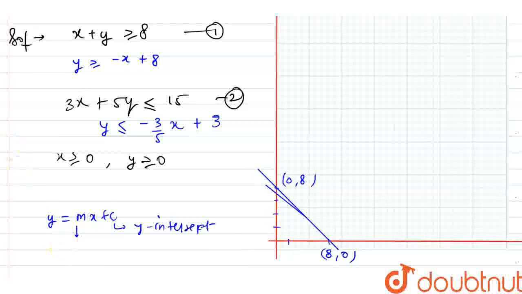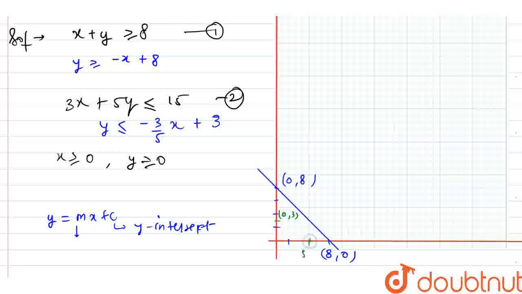Now move to the second line. The second line is this, and my intercept is nothing but 3. I'm going to mark 3 on the y-axis, so it is about here. So this is my 3, which is 0 comma 3. On the x-axis I'm going to put y equals 0 here, so I will get x equals 5. So it is somewhere about here.